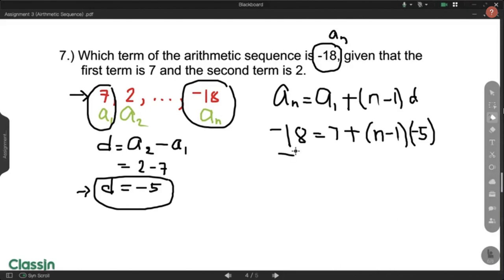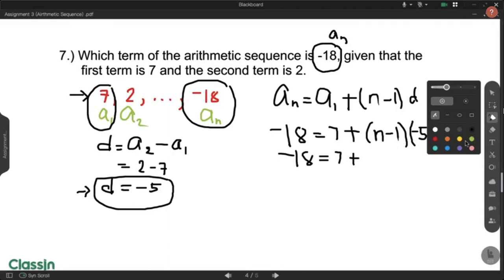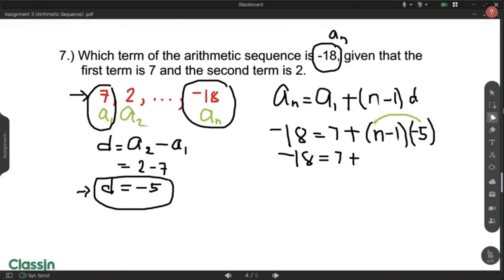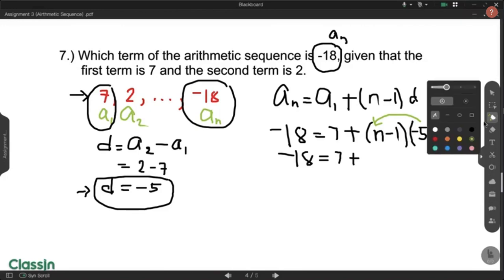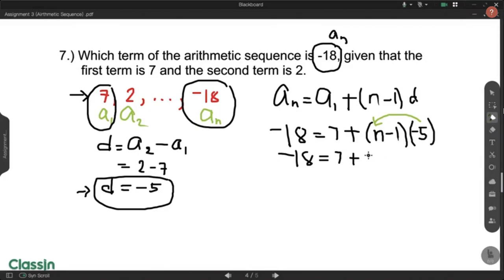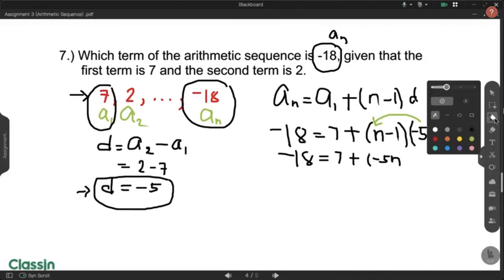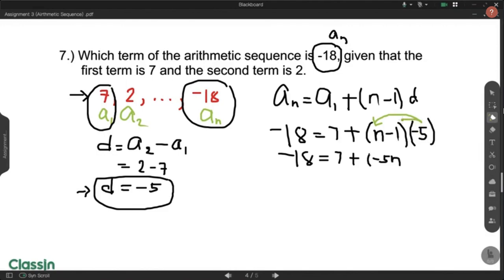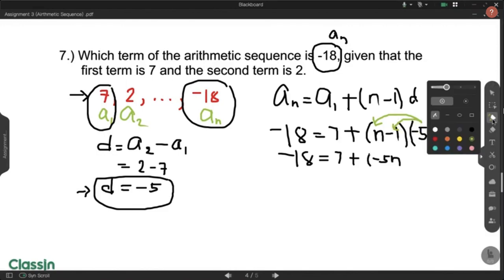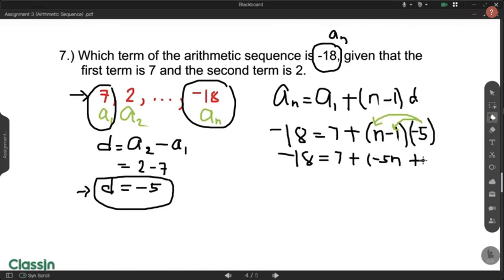Now we have negative 18 equals 7 plus, we will distribute negative 5. Negative 5 times n is negative 5n. Then negative 5 times negative 1 is just positive 5, plus 5.